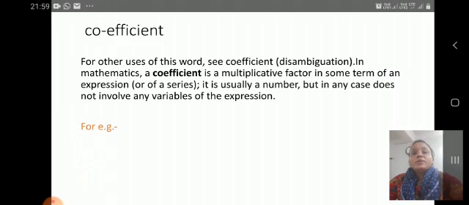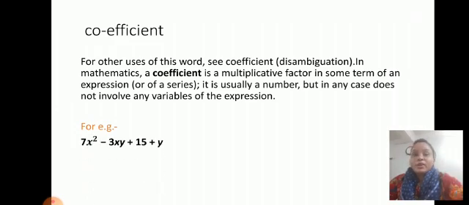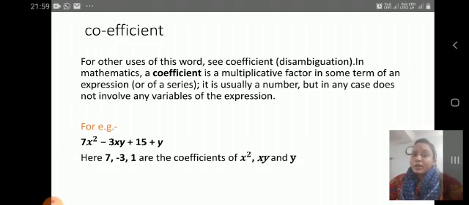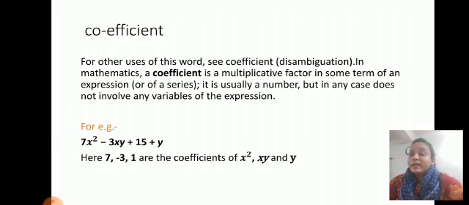Whenever we talk about the coefficient in given polynomials, for example 7x square minus 3xy plus 15 plus y, find the coefficient of x square. So which number is multiplied with x square? That is plus 7. So plus 7 will be the coefficient of x square.